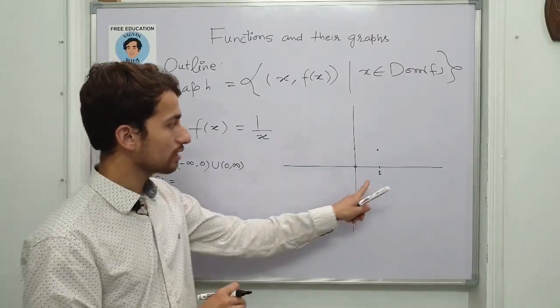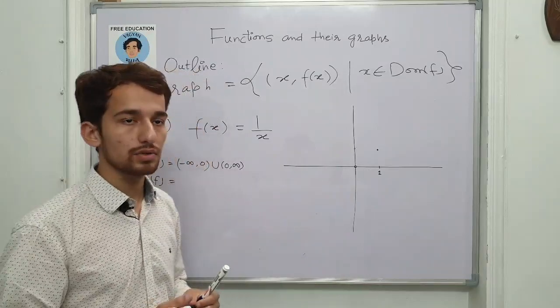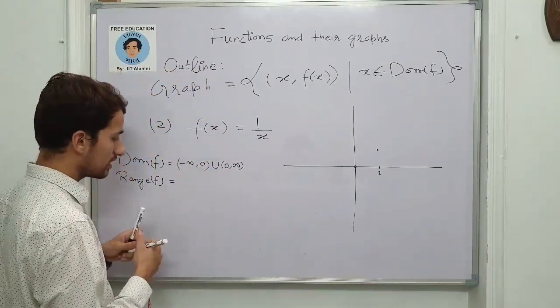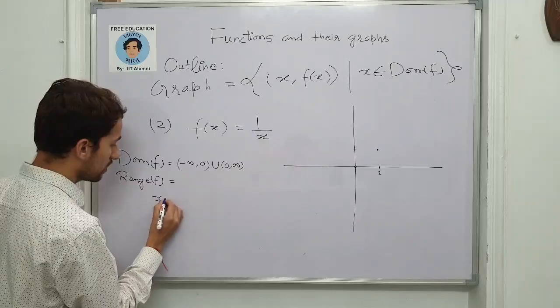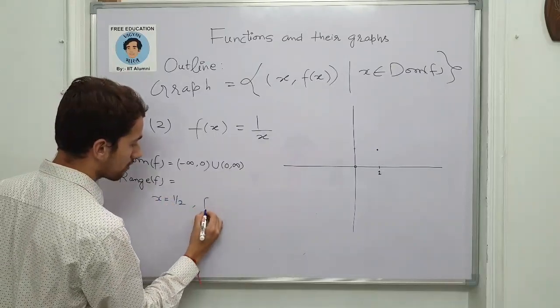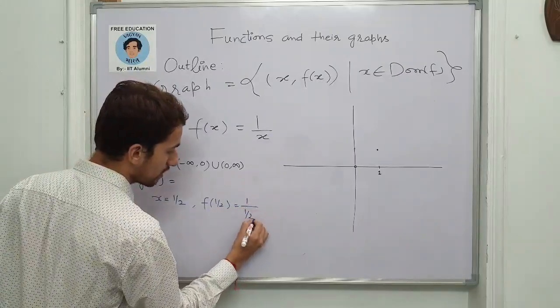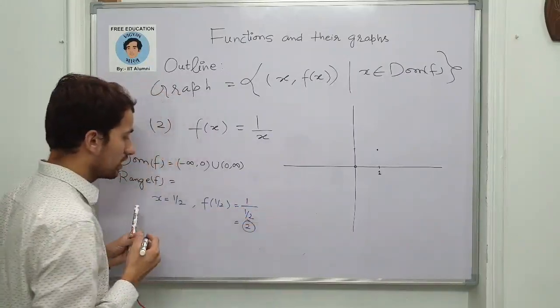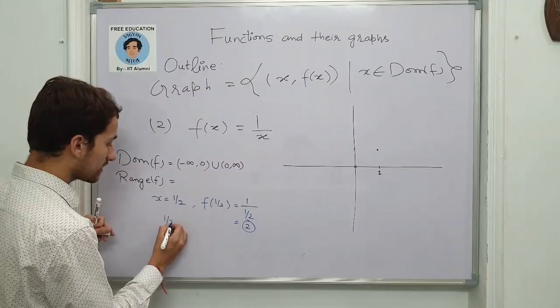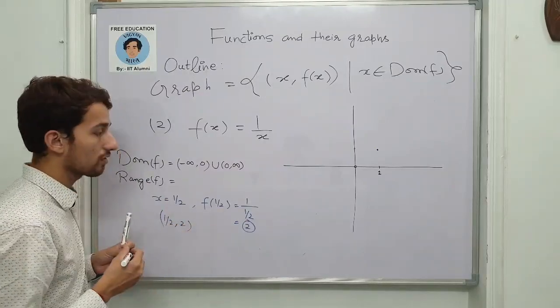I ask you to choose a value less than 1. Suppose I choose x equals half. Then what is the output value corresponding to x equals half? My f of half is 1 by half, which is 2. So the ordered pair which I get is half comma 2.